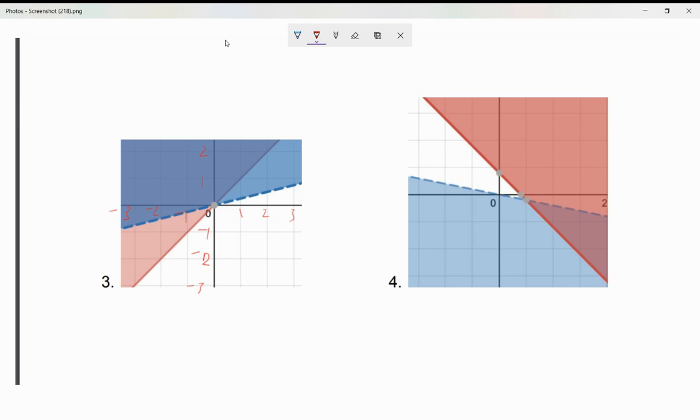I can tell that there will be no y-intercept because this crosses at 0. We don't need to add 0. So y is greater than or equal to, and it goes 1 up and across 1, so it's just x.